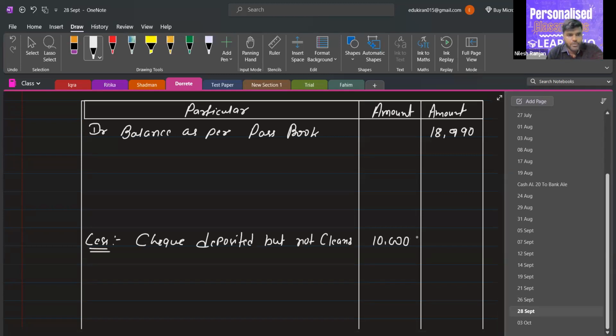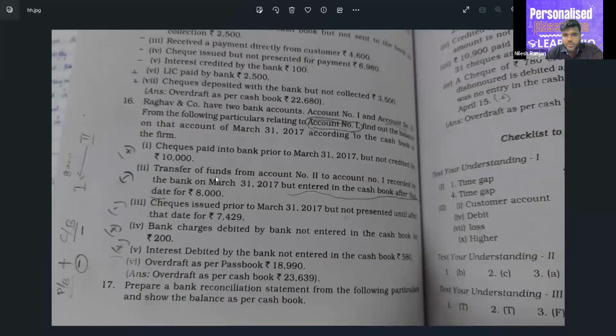Yes, sir. Okay. The next is transfer of funds from account number 2 to account number 1 recorded by the bank on March 31st, 2017, but not entered in cash book or entered in cash book after that date, for 8,000. So our passbook has increased, and cash book balance is same. So we have to decrease our passbook balance.